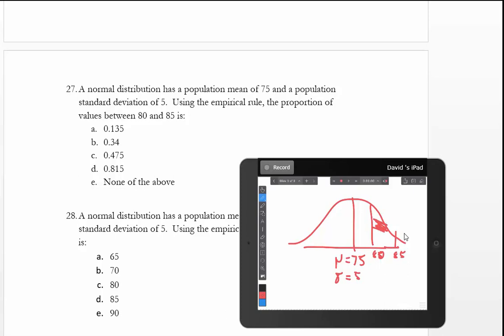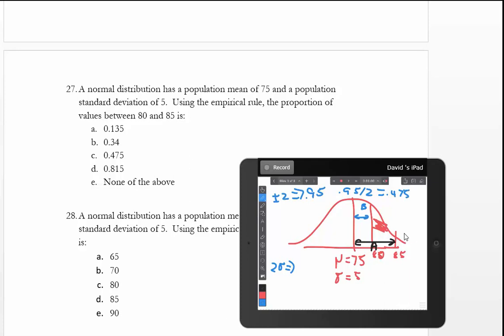Remember, everything has to be done with respect to the mean. So I can't get that area directly, but I can get this area, and I can get this area. I'll call this area A and this area B. So for area A, 85 to 75, that's 2 standard deviations. And remember, plus or minus 2 standard deviations goes with 95. And if we just go in one direction, it'll be 95 divided by 2 is equal to 0.475.